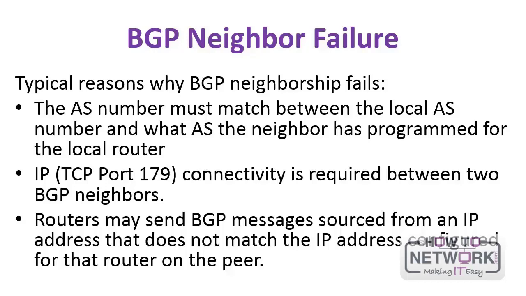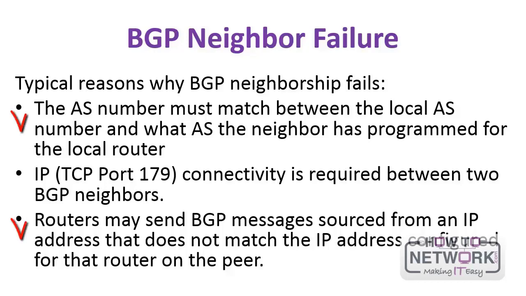Finally, routers may send BGP messages sourced from an IP address that does not match the IP address configured for the router on the peer. When a neighbor programs a neighbor relationship to you, it needs to point to a specific IP address. And the IP address needs to be the source of your updates to that router.